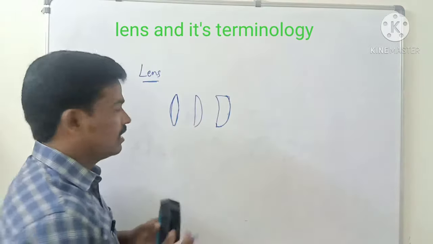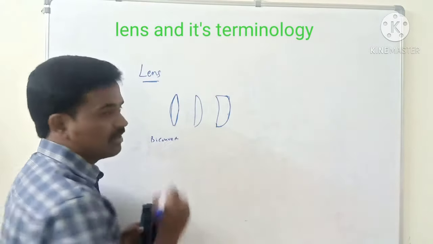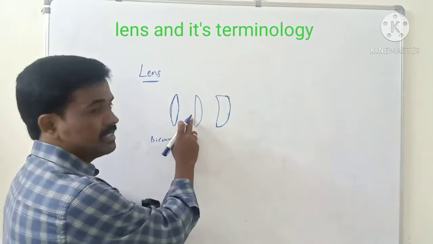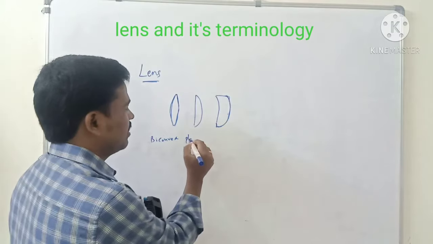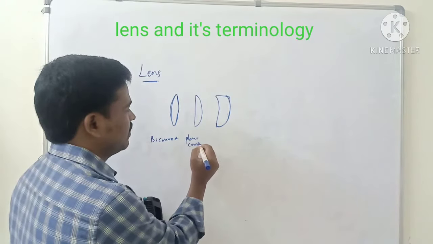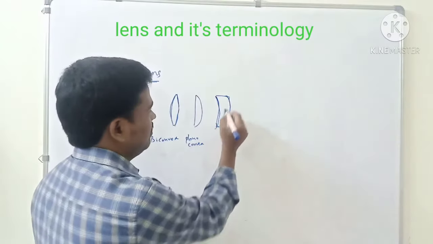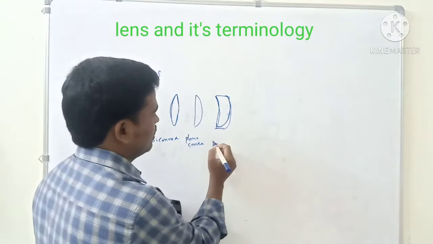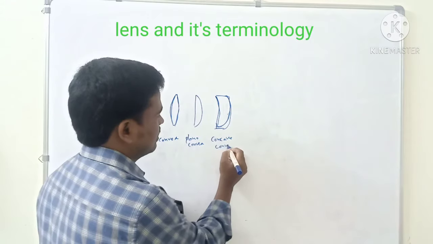This is called a biconvex lens. Biconvex lens. This side is plane, this side is convex. So this is a plano-convex lens. This is concave, this is convex. So this is called a concavo-convex lens.